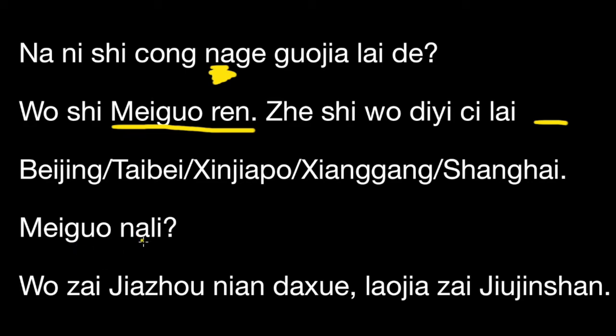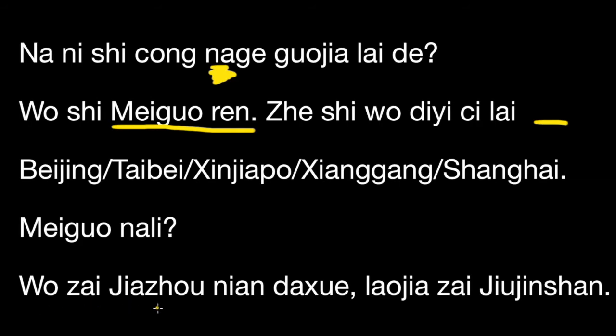So 美国哪里? America where? And your answer is 我在加州念大学，老家在旧金山。This thing 在 is a very interesting sort of verb with a preposition. It means to be at or just at. So I at. 加州 is the Chinese way of saying California. 念 means to study, especially study at a university. And 大学 is university.